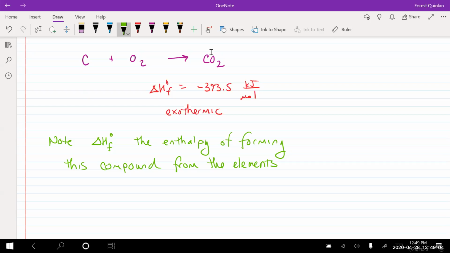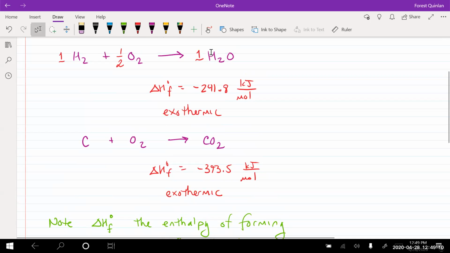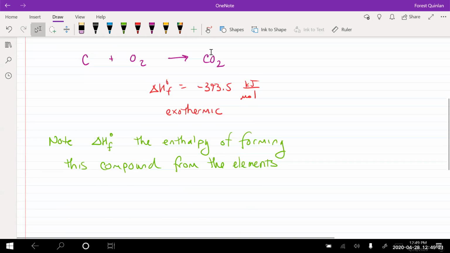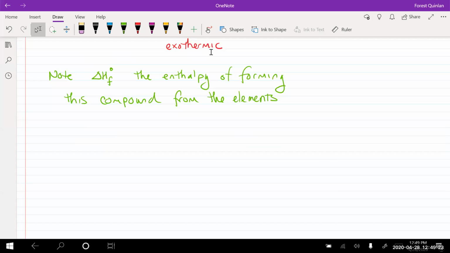And so while making water or making carbon dioxide is kind of a no-brainer, right? We see that we have elemental hydrogen, elemental oxygen, elemental carbon, elemental oxygen. What happens if you're making something that is slightly more complex? What if you're making ethanol?